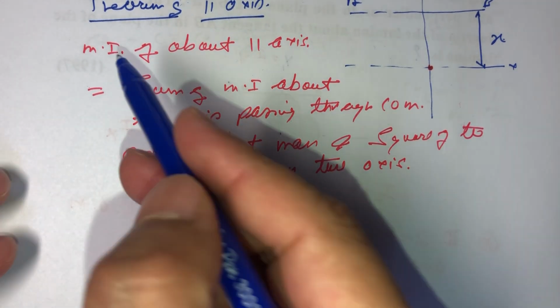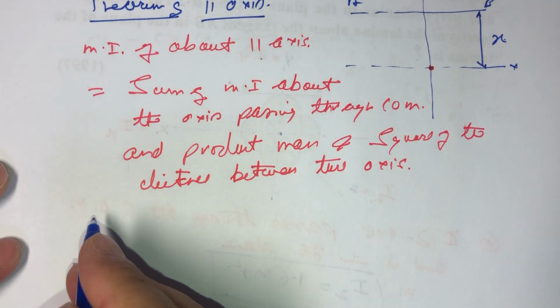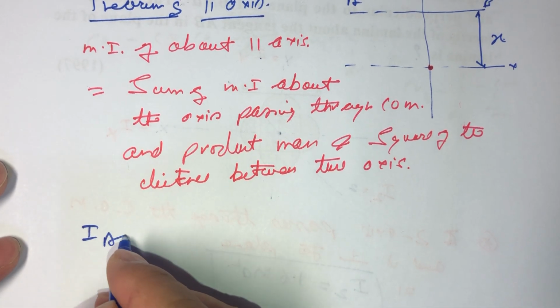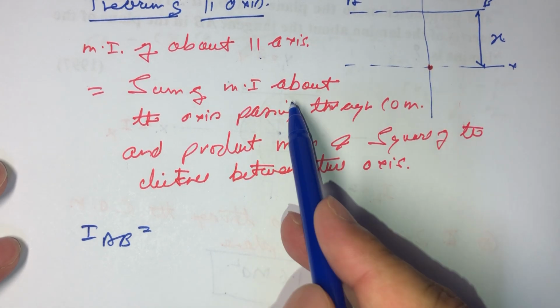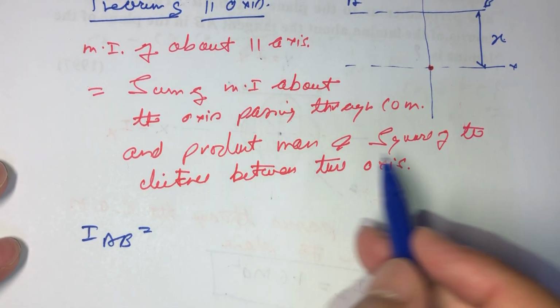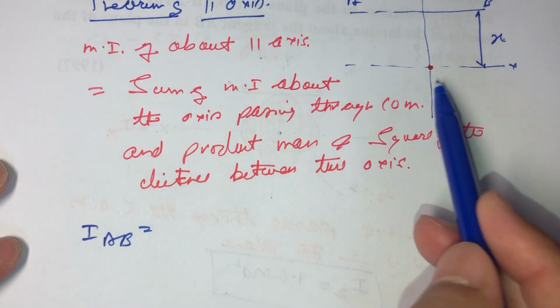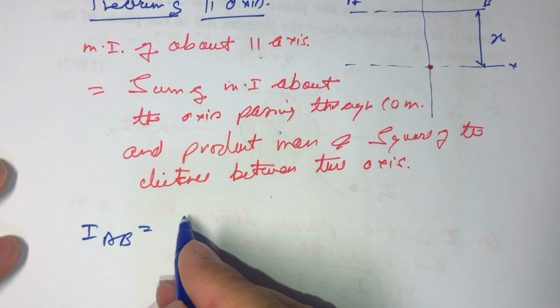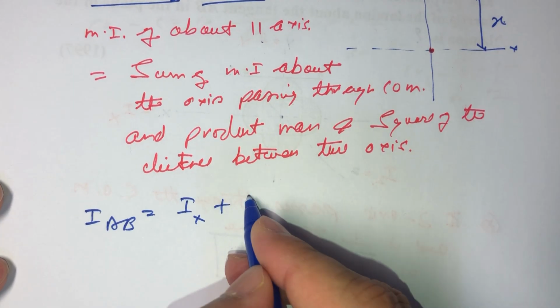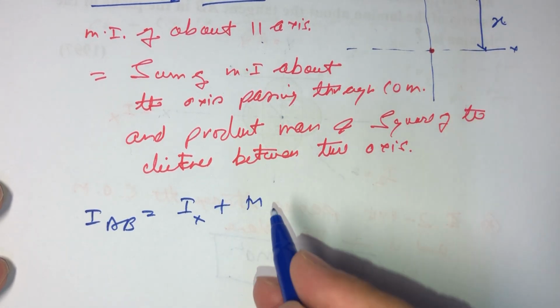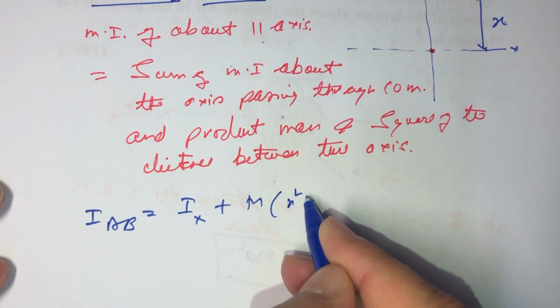So it means IAB will be equal to the moment about the corresponding parallel axis passing through the center of mass, which is Ix, plus mass and the distance between the two axes square.